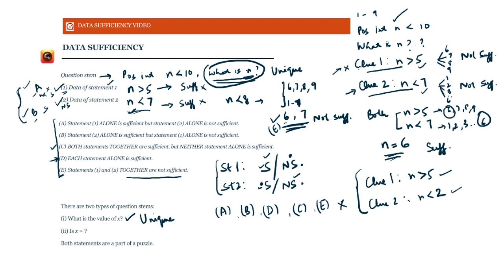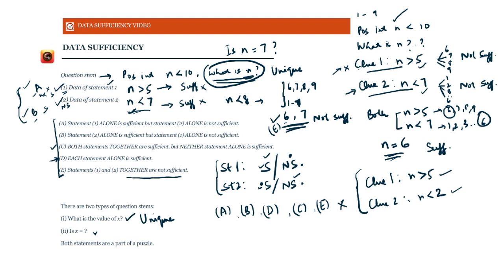The other type of question stem could be, is X equal to this? Now, instead of asking what is N, what if my question were, is N equal to 7? I could have asked you this instead of what is N. So this is my second type of question stem.